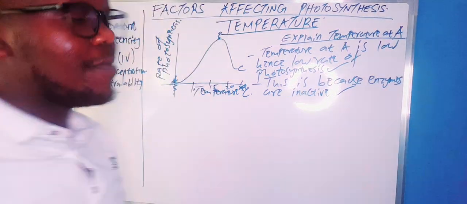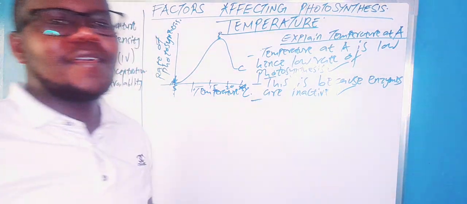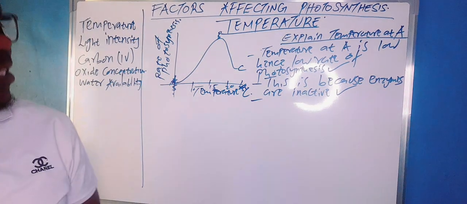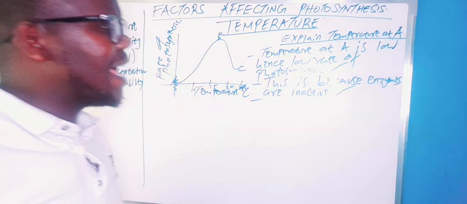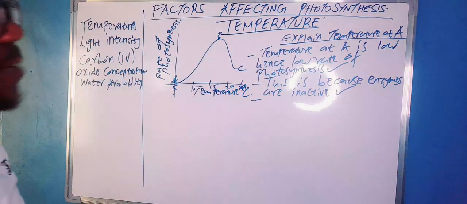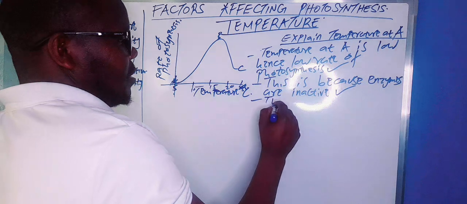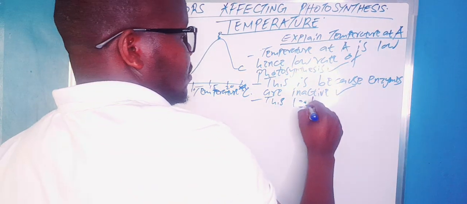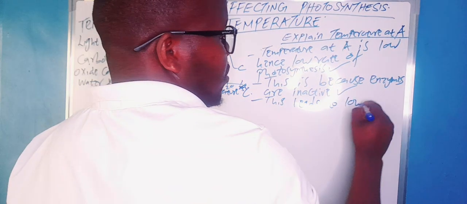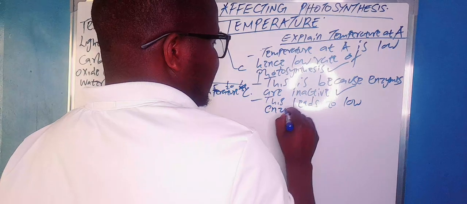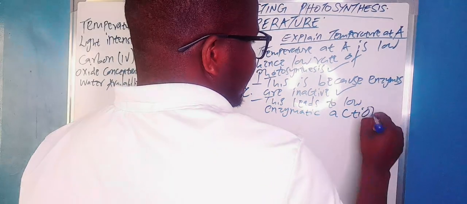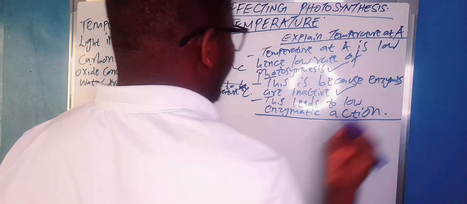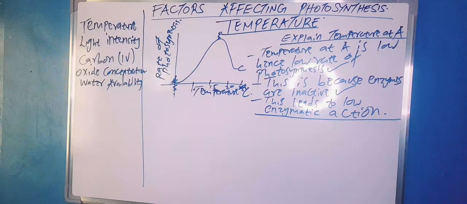You get your second mark. Your third mark is because this is the reason leading to low enzymatic action. Low enzymatic action, and you will be done with your first set.